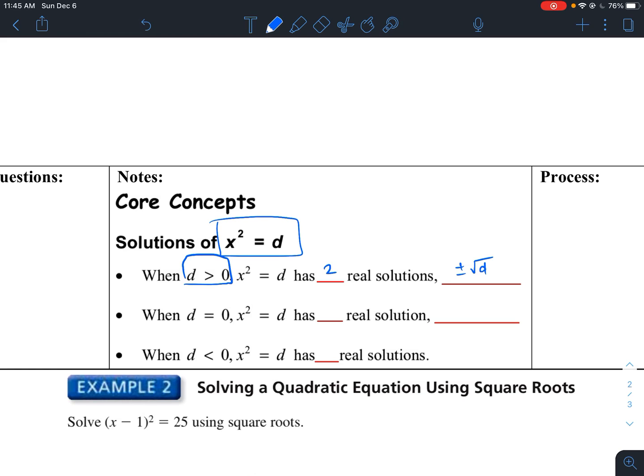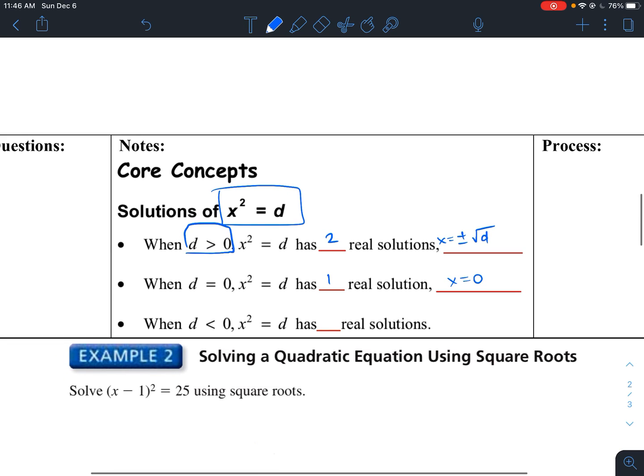When d is equal to 0, this means you're going to have one real solution, and that is x is equal to 0. And if d is less than 0, or a negative number, this means you're going to have 0 real solutions.